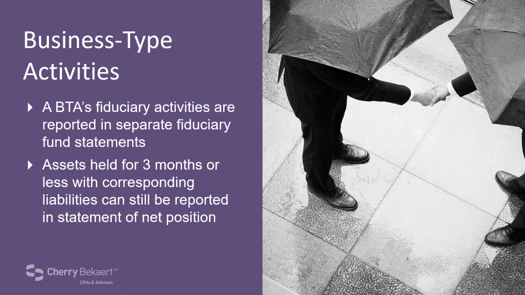Business type activities may also have fiduciary funds. And if they do, those activities will need to be reported separately in their own fiduciary fund statements. The GASB has provided us with an exception, which in this case may help simplify our reporting. If the assets are only expected to be held for 3 months or less, and they have corresponding liabilities, that activity may still be reported in the statement of net position.